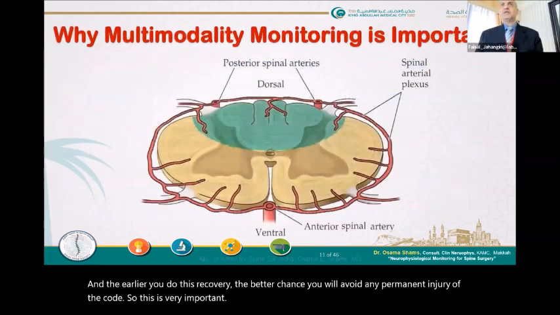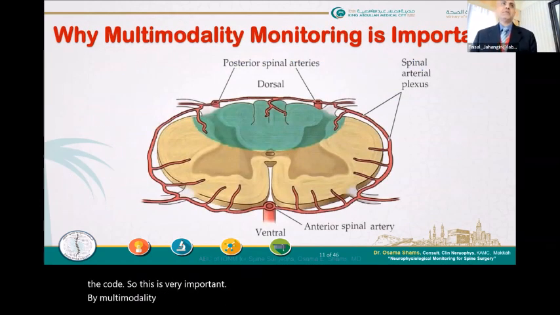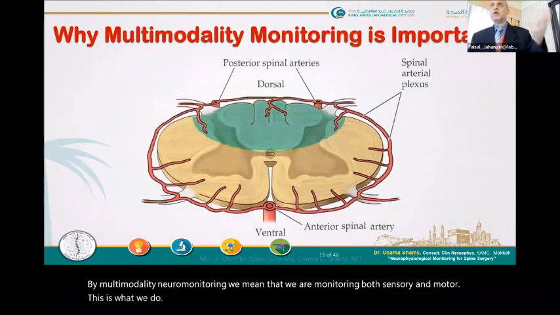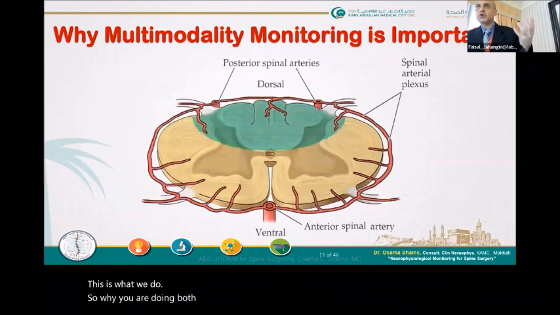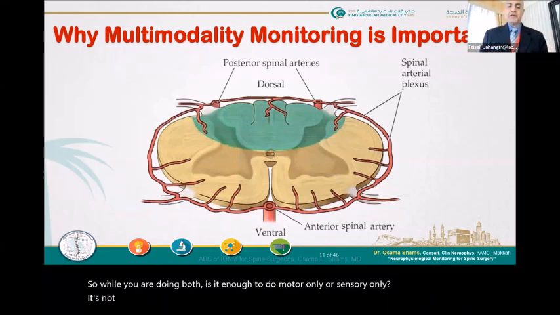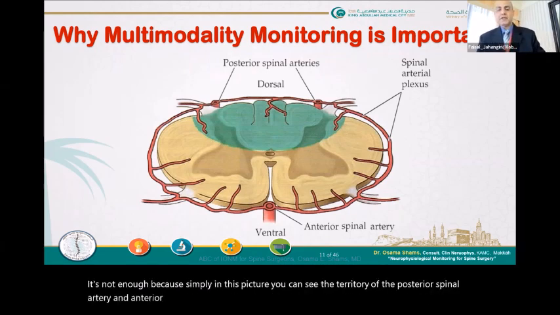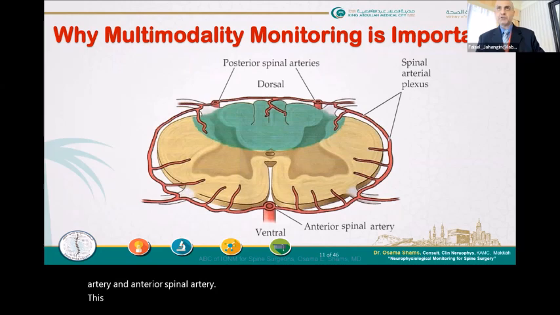By multimodality neuromonitoring, we mean that we are monitoring both sensory and motor. This is what we do. So why are we doing both? Is it enough to do motor only or sensory only? It's not enough, because simply in this picture, you can see the territory of the posterior spinal artery and anterior spinal artery. The gray one is for posterior spinal and the yellow one for the anterior spinal.